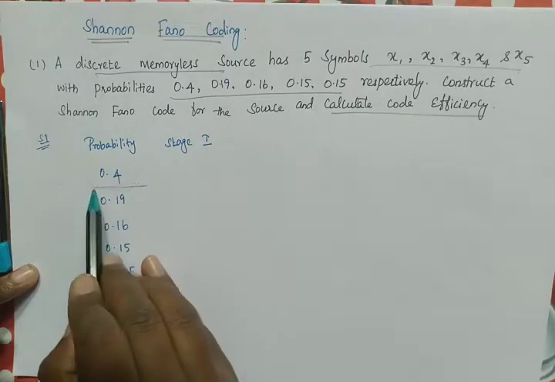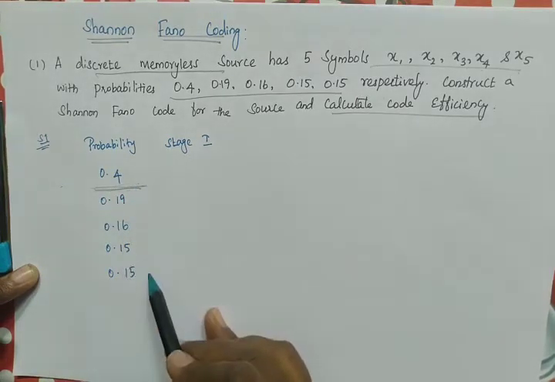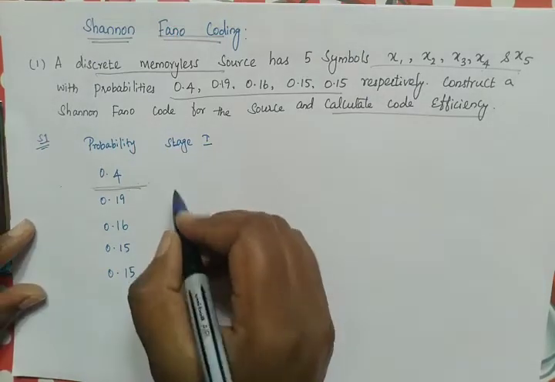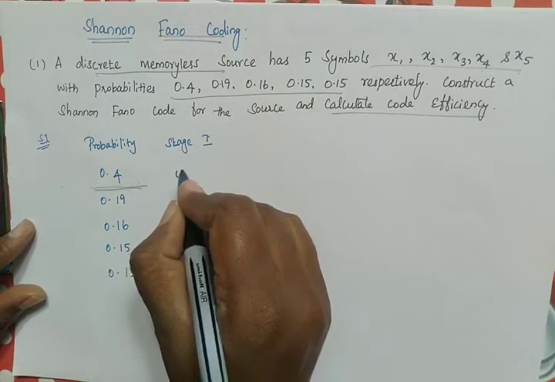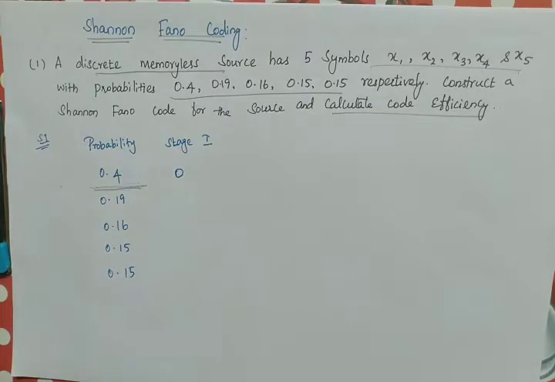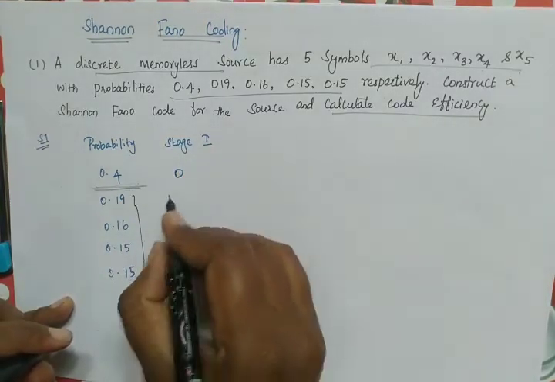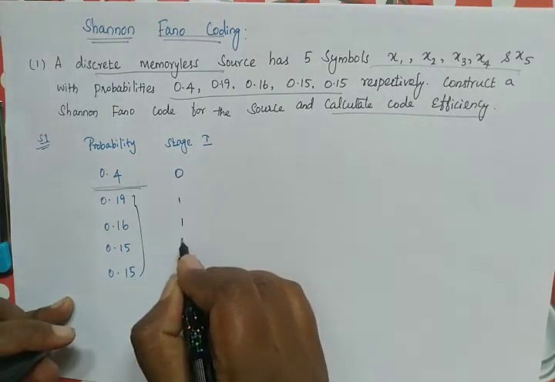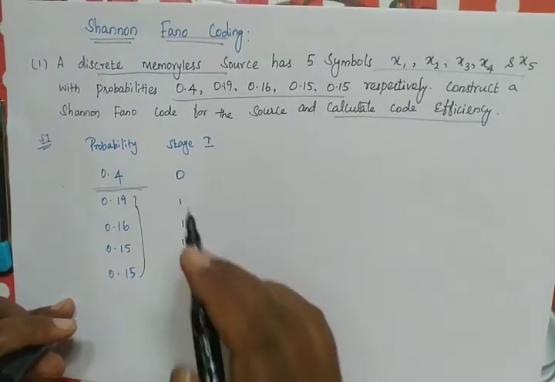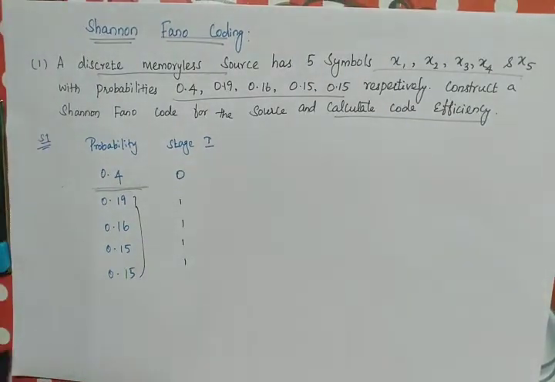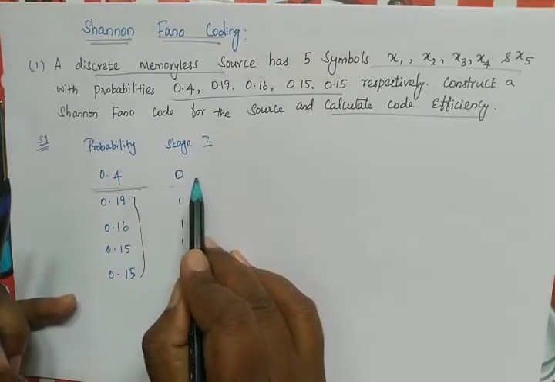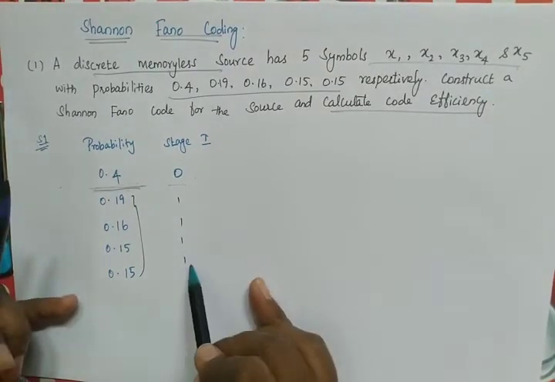We have to split this into 2 groups, and the first group should always be represented as 0. The next group should be represented as 1. Now here we have only 1, so we cannot split this again, so this is over. Here we have 4 ones.